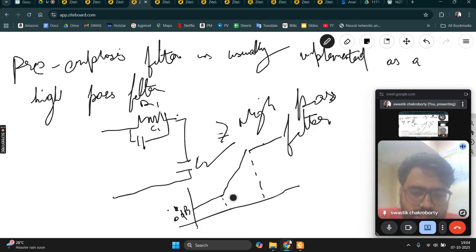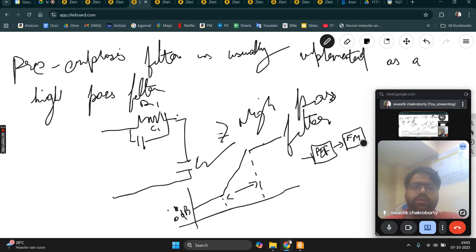If we add a pre-emphasis filter, say PEF before FM, then we will boost certain parts of the frequency which is most susceptible to noise, and thus we can cancel the effect of the noise.